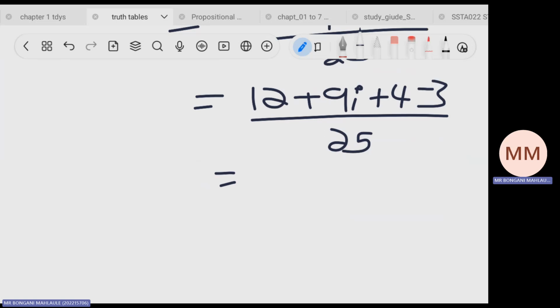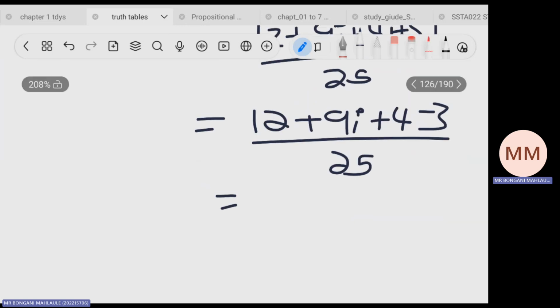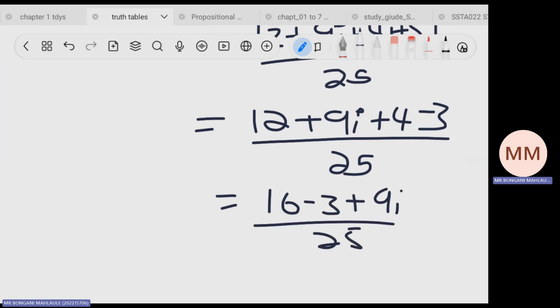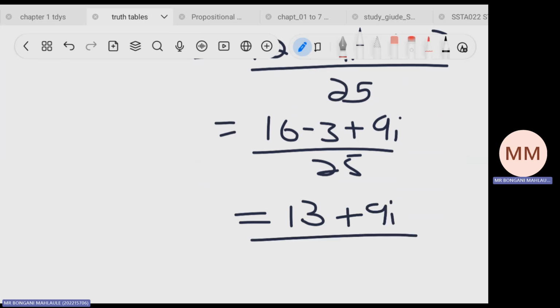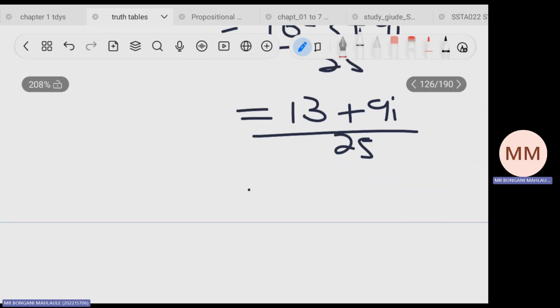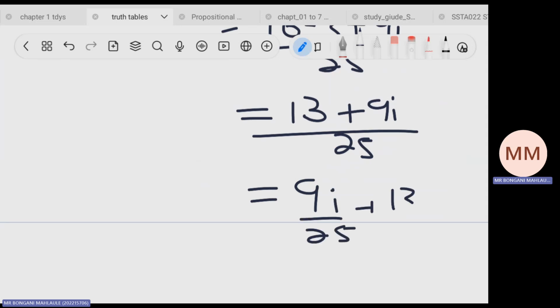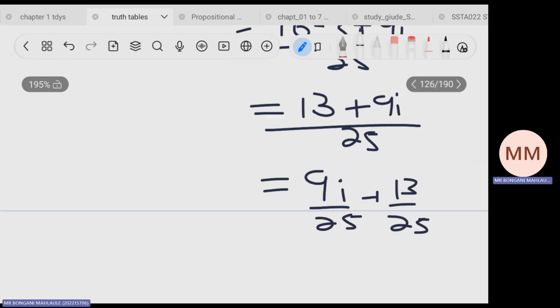Then we'll just have 16 minus 3 plus 9i over 25. And this is just 13 plus 9i, then you have 25. So basically, I will be having 9i over 25 plus 13 over 25.